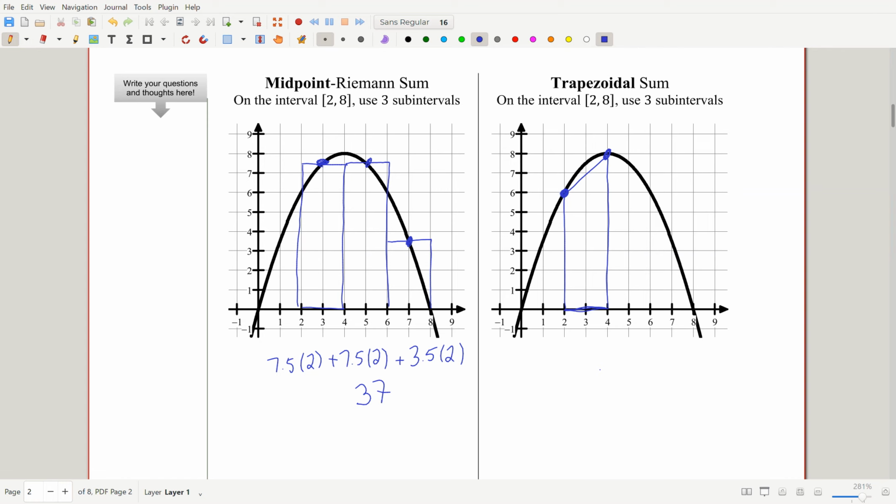Does anybody remember what the formula for the area of a trapezoid is? Right. You average those two bases and multiply by the height. So you need to think of it as a 1/2 in the front. I usually write (B1 plus B2) over 2, that does the same thing, times height.